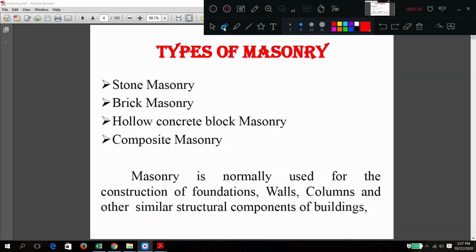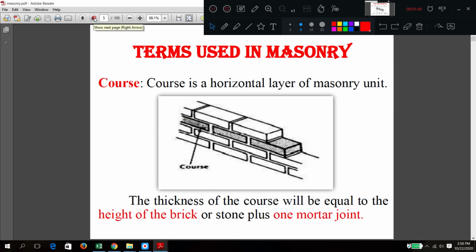We have also seen the types: stone masonry, brick masonry, hollow concrete block masonry, composite masonry. So this is also covered.